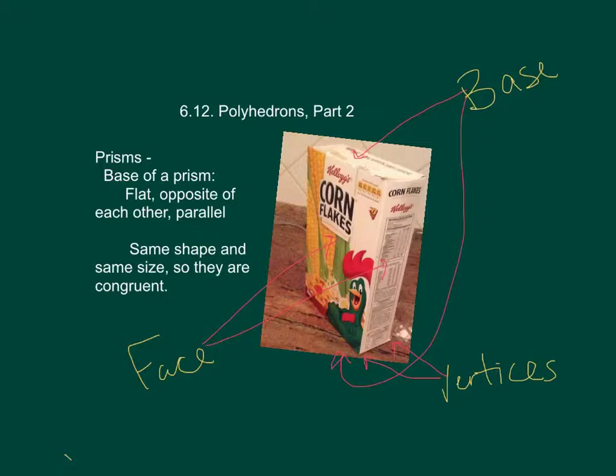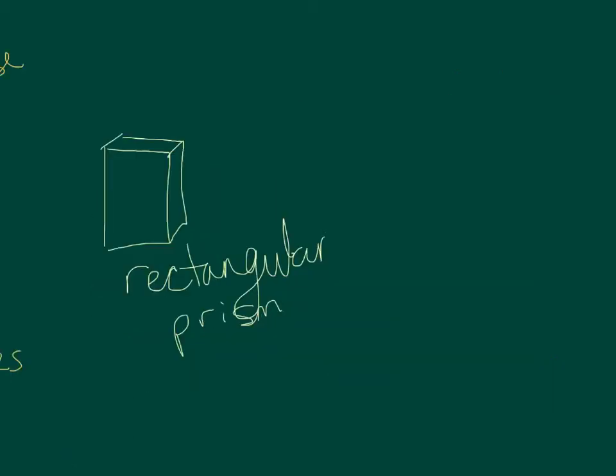And the face that we see is the one that says cornflakes on it, or the side face right here. This is a rectangular prism because it's a rectangle, as well as it has this rectangle here. Okay, so that makes it a prism.